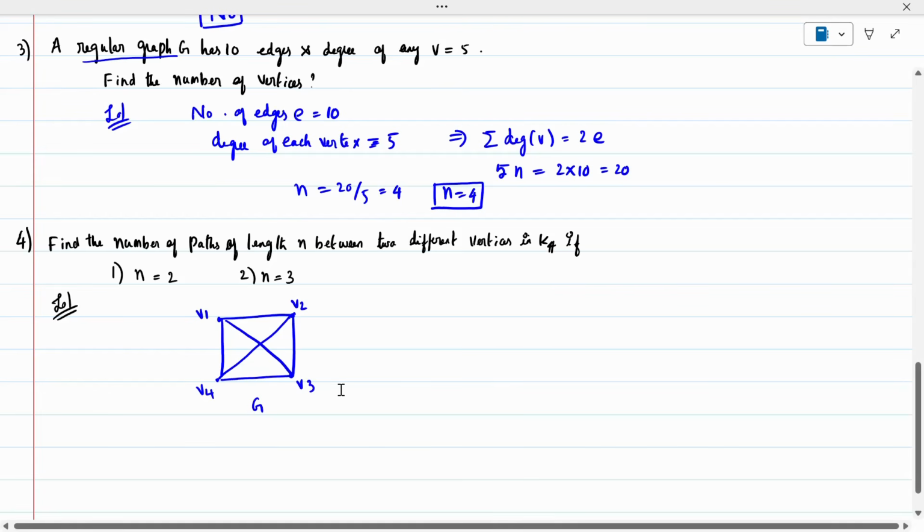So this is the complete K4 diagram. A complete graph, always K4.